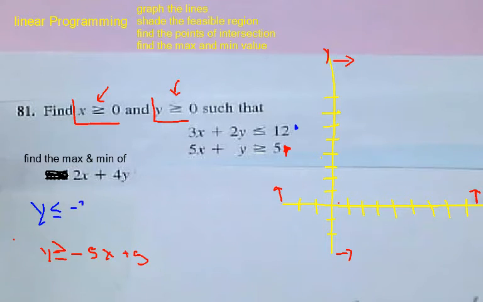If I subtract the 3, I get this. And then if I divide by 2, I get this. So here I've got 12 divided by 2. Well, that's just 6.